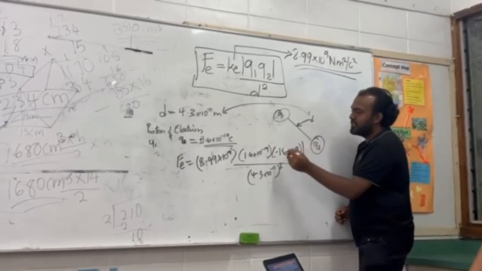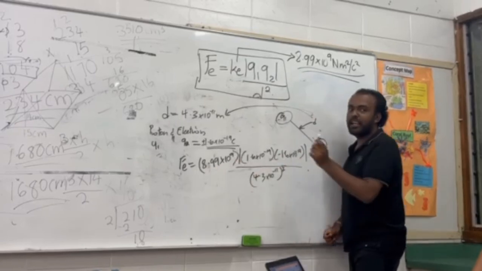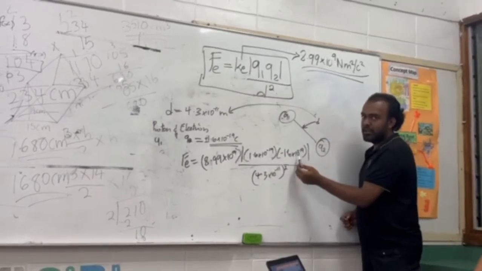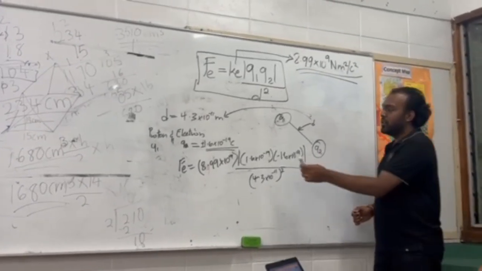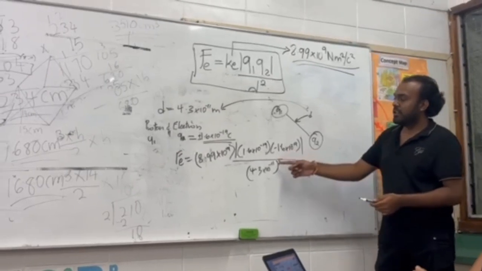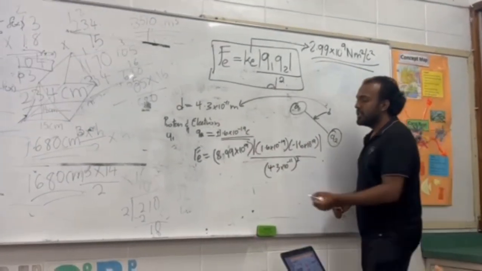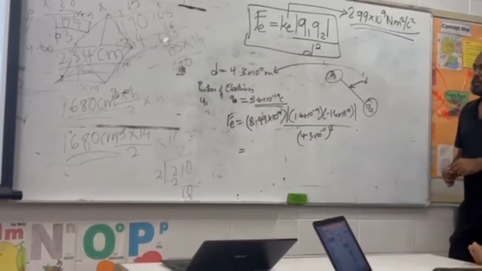There is an absolute sign between these two charges because electric force cannot be negative. Once you multiply these two values, it will give you a negative value, so you have to take the absolute value, then divide by 4.3 squared and multiply by 8.99. So do it in your calculator and give me the answer.